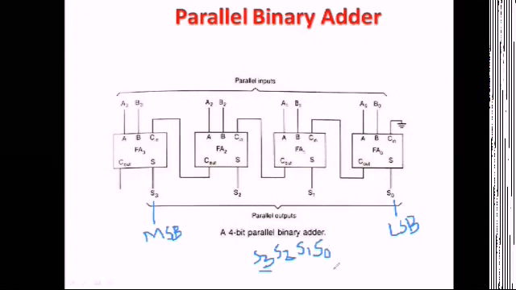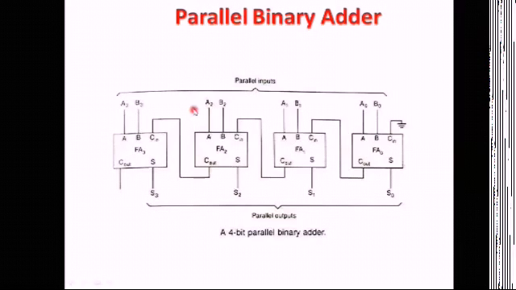This one is the ultimate sum of the two numbers, where the first number was A3, A2, A1 and A0, that is 1101, and the second number was B3, B2, B1 and B0, that is 0101, and ultimately the sum we have got is S3, S2, S1 and S0, that is 0010. So I hope this is clear to all of you.